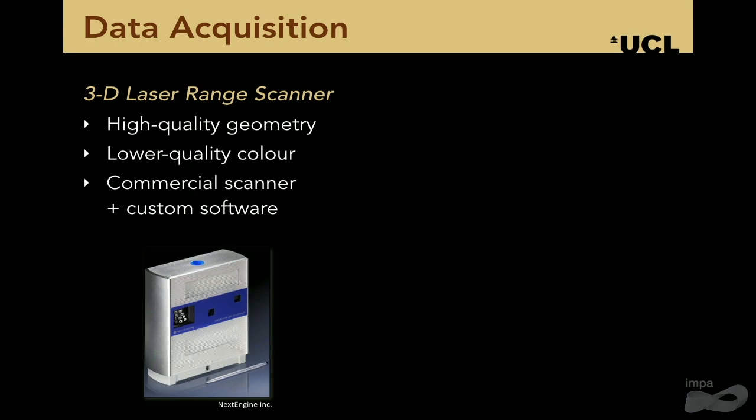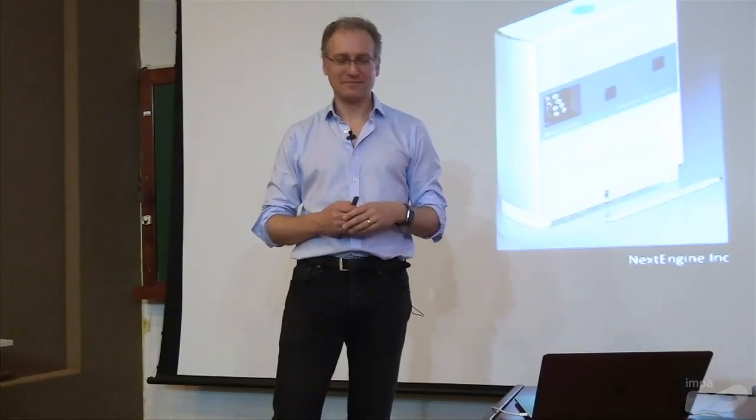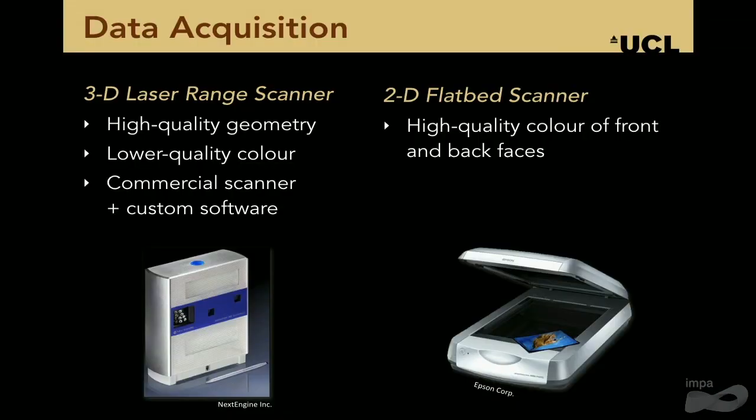But then we exploited the fact that where we actually want to know high quality color is actually just on these flat surfaces. And it turns out there are very cheap, very high quality devices that you can buy in a shop that scan 2D surfaces at high resolution color. This is one of them. So yes, we switched to flatbed scanners to acquire the color textures.